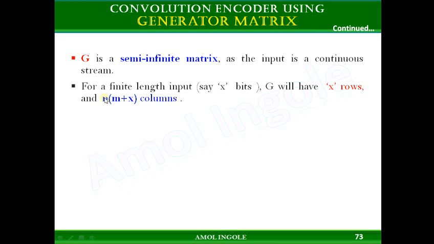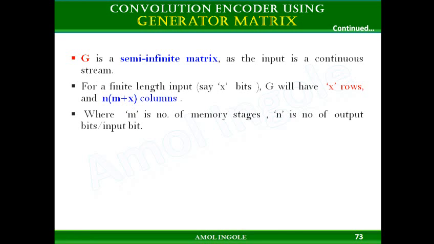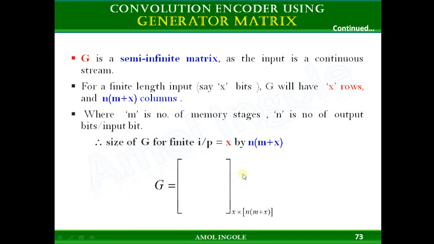In the previous case, we considered 2 bits, n is equal to 2. m is the number of memory units, and x is the length of your input bit stream. So those many columns you will have in the generator matrix. Size of the generator matrix will be x by n into m plus x.